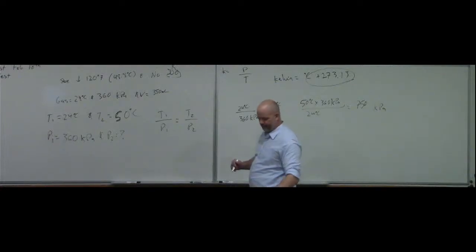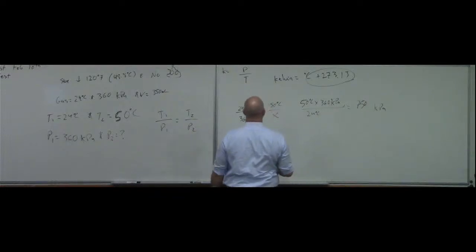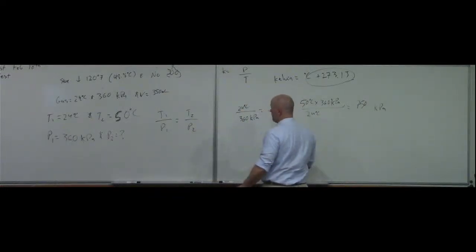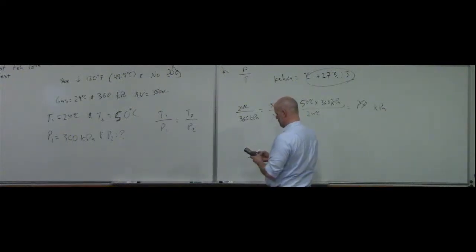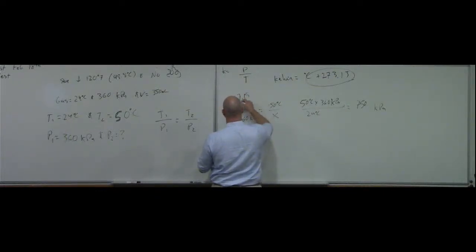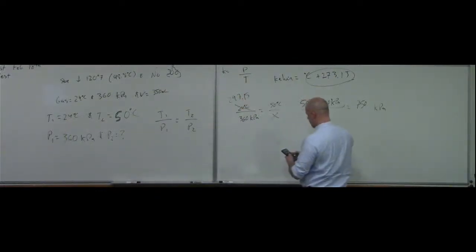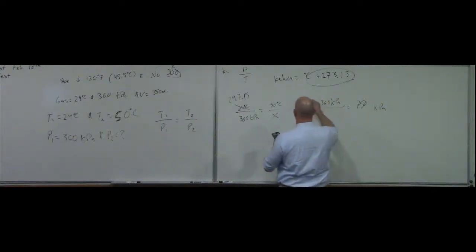Let's go ahead and do that. Let's work it both ways, just to confirm. So, 24 degrees centigrade, when we put it into Kelvin, is 24 plus 273.15 equals 297.15. Okay, and then we come over here and we do the same thing. We get 323.